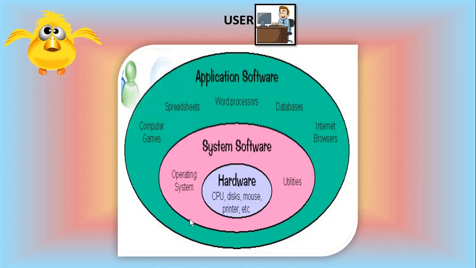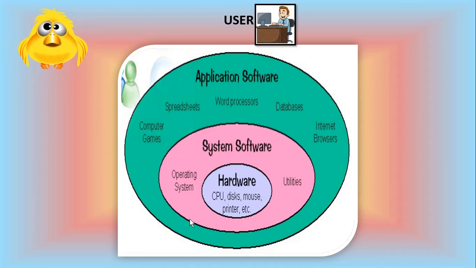Children, operating system are the programs which controls the hardware of the computer. It works like a bridge between hardware and the application software. It is the first software to be installed inside the computer. Children, without operating system, a computer cannot work.